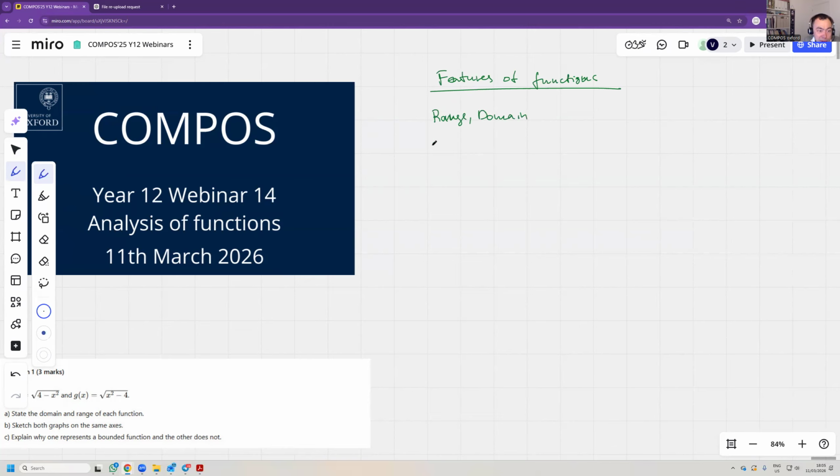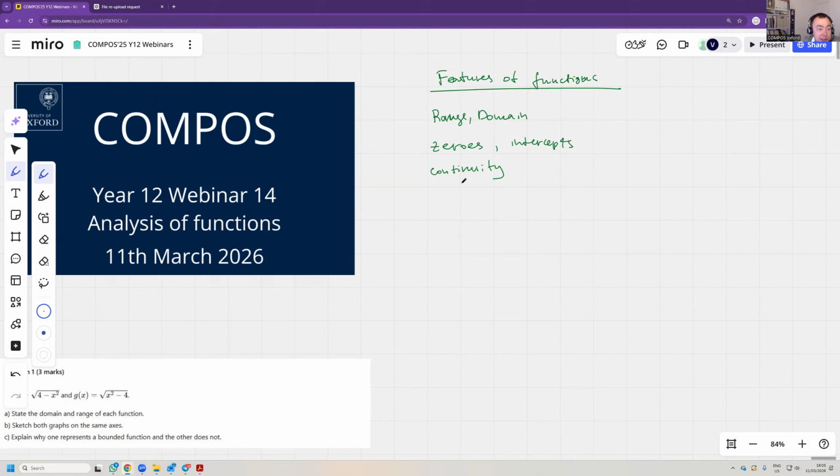Then you would want to look at zeros and intercepts. Continuity. Is the function continuous, or does it have breaks? Like the hyperbola, 1 over x has the breaking point 0. So it has a point where it doesn't exist.